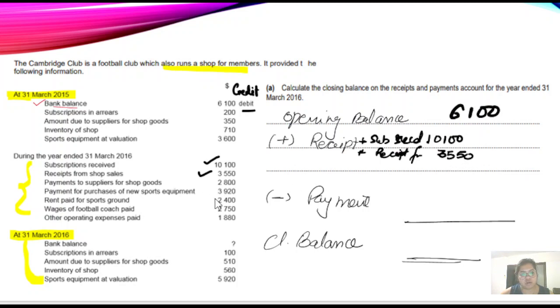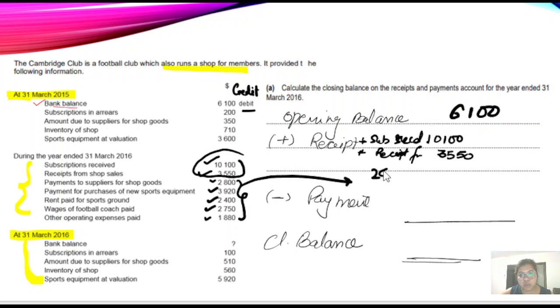The rest is your payment, like payment to the supplier for purchases, rent you already paid, wages you already paid, and operating expense you already paid. So these two are the part of your receipts and the rest is your payment. So you have to write all these here.